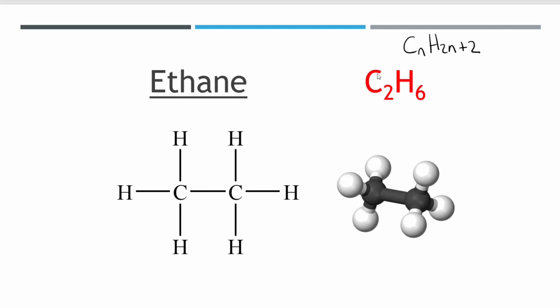We only had the chemical formula, C2H6. Does that fit into our general formula? When n is 2, do we get 6 hydrogens? Let's check. C2H(2 times 2 plus 2). Yeah, that's working out. This must be part of our alkane family.